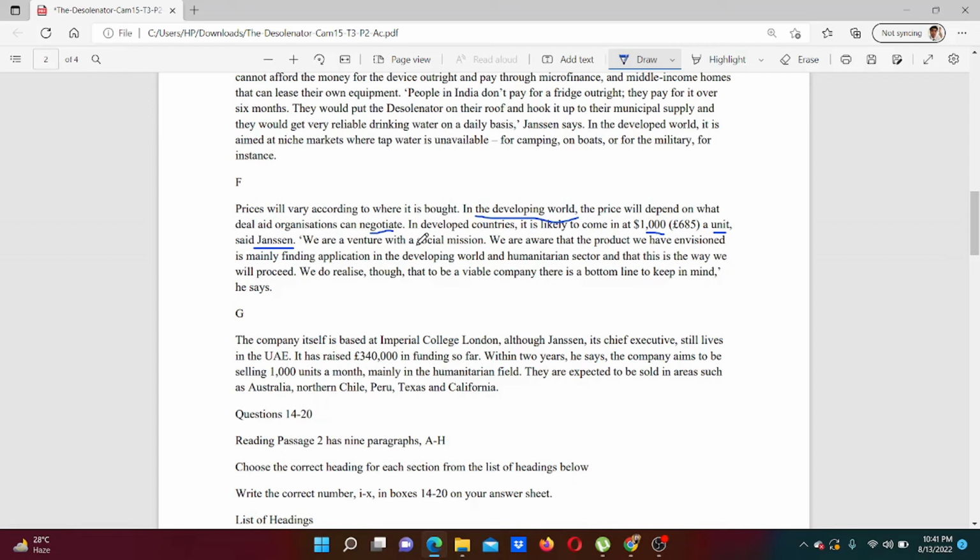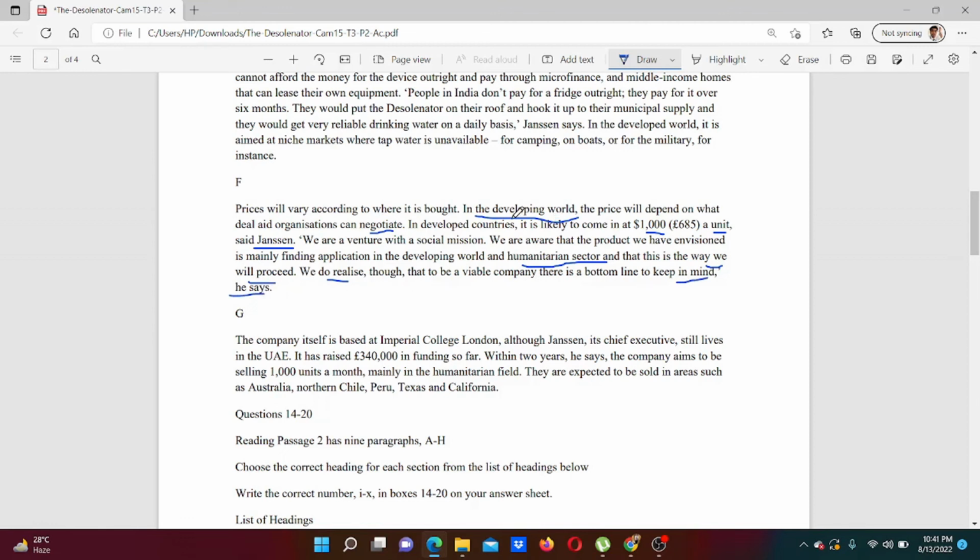We are a venture with a social mission. We are aware that the product we have envisioned is mainly finding application in the developing world and humanitarian sector. That is the way we will proceed. We do realize, though, that to be a viable company, there is a bottom line to keep in mind, he says.